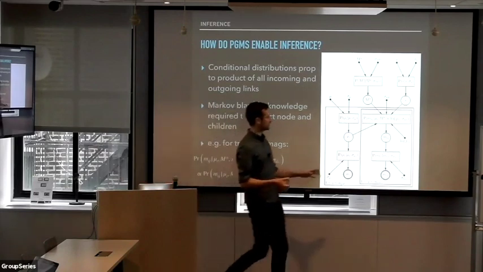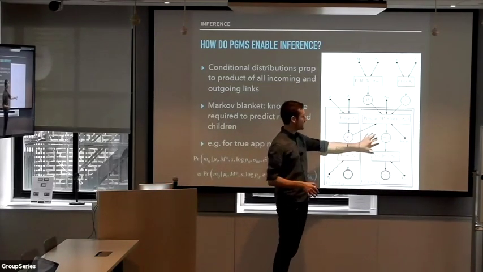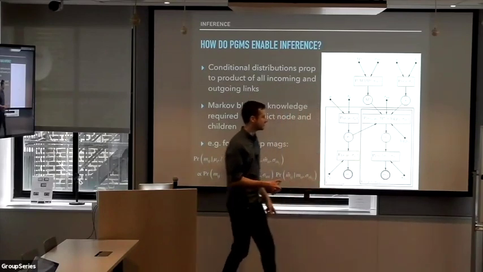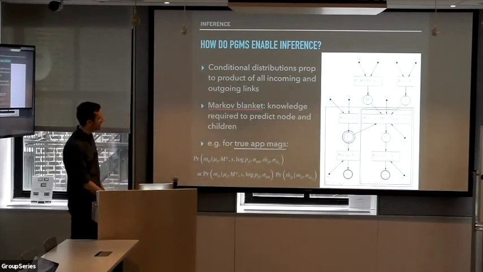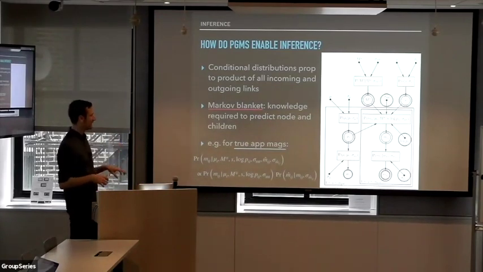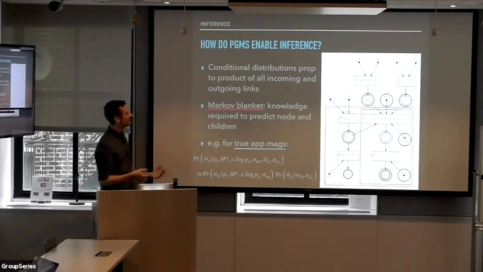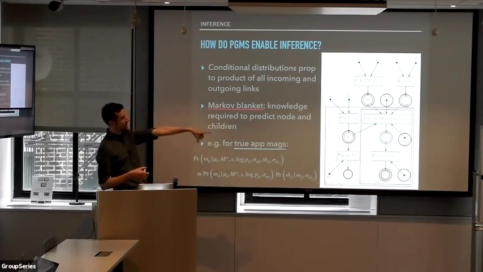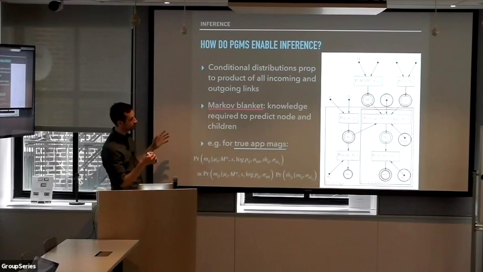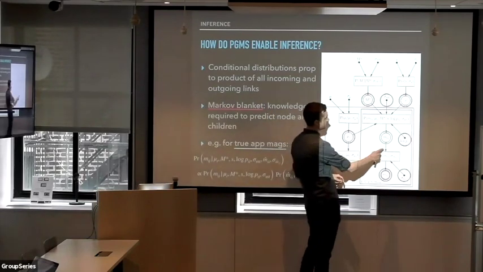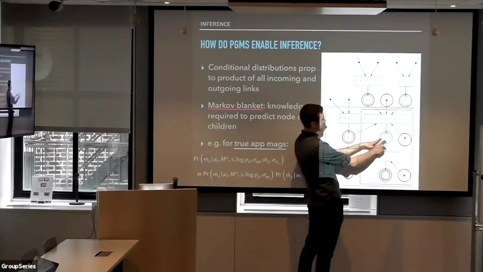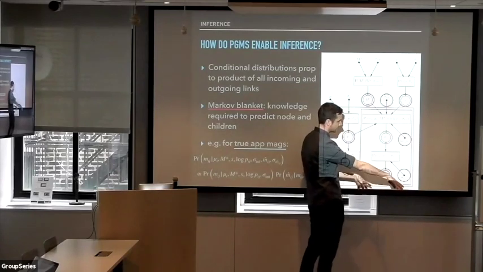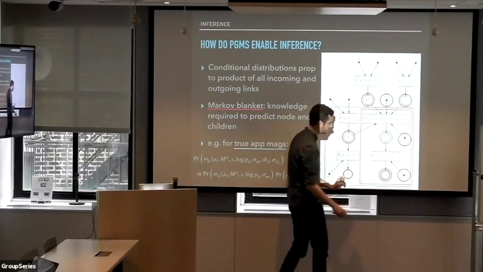The reason network diagrams are useful for this is that the conditional distribution depends only on something called the Markov Blanket, which is a really nice, completely opaque term. The Markov Blanket is basically just the knowledge required to predict that specific parameter and all of its children. So the conditional distribution of this only depends on everything that goes into that box that it comes out of, and anything that directly descends from it.